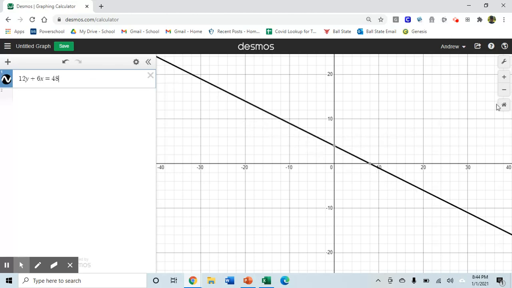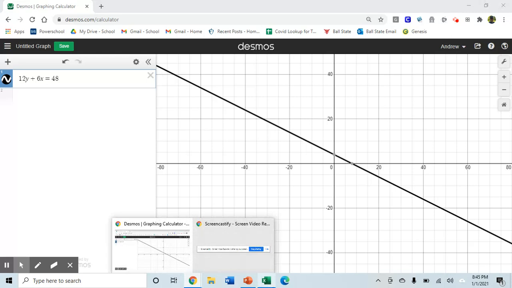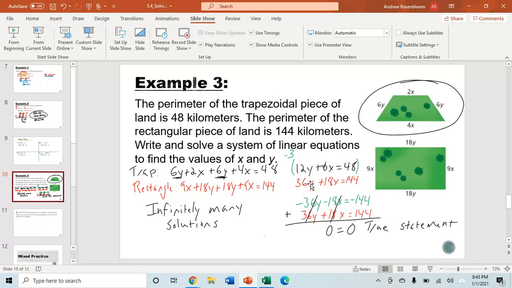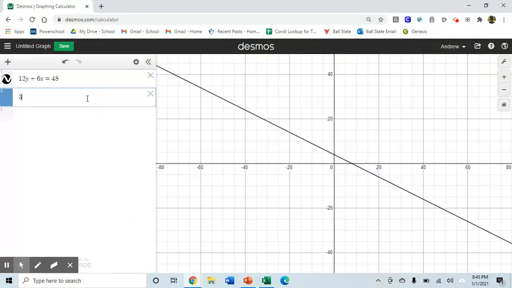If we take a look at this graph here, all of these values are solutions here. And notice it's the same if we graph our other equation, 36y plus 18x equals 144. You're going to see it's the same exact equation. Notice it's right on top of it.